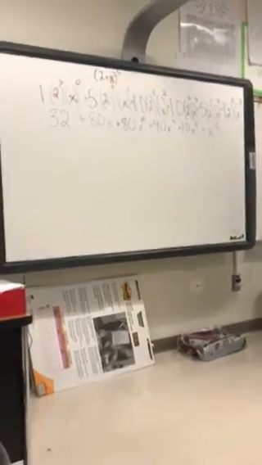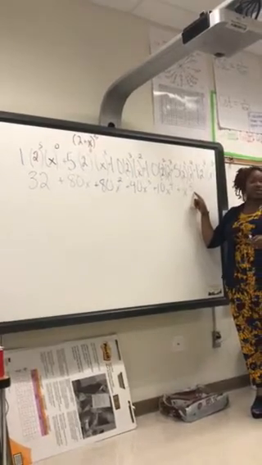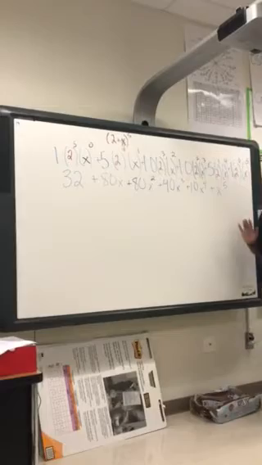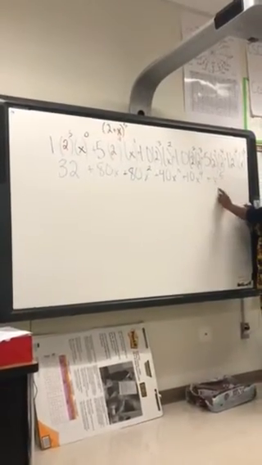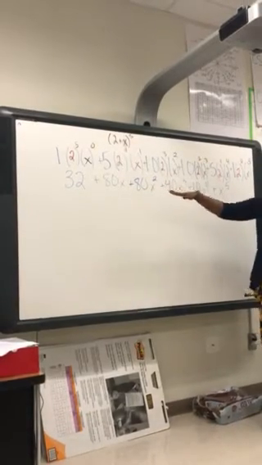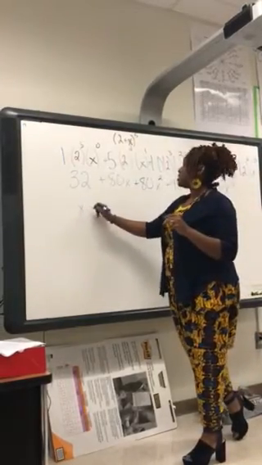What is descending order? Decreasing by exponent. So all I'm going to do is flip it. Just remember the sign in front of it goes with that coefficient. But we don't have to worry because all of these terms are positive.